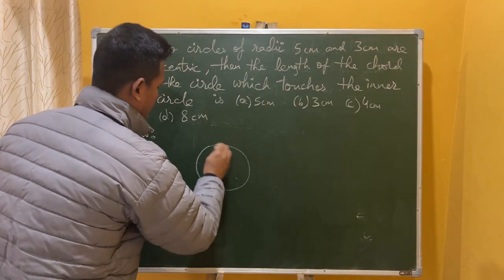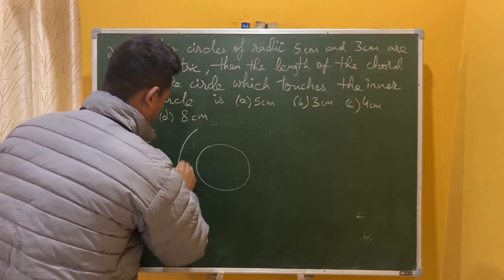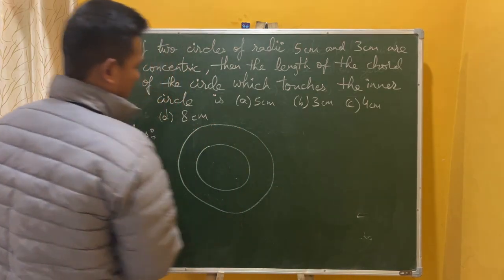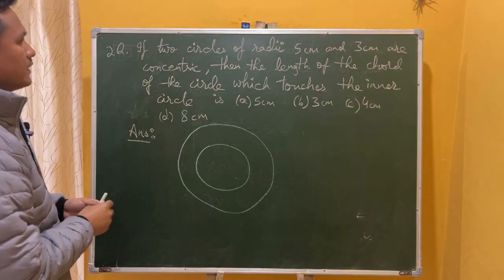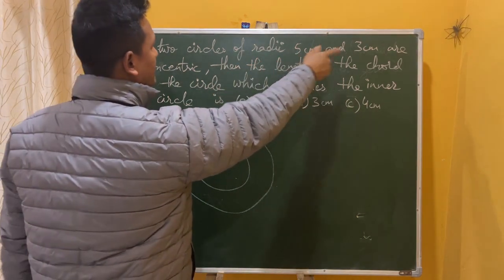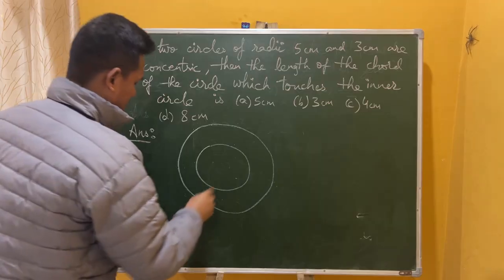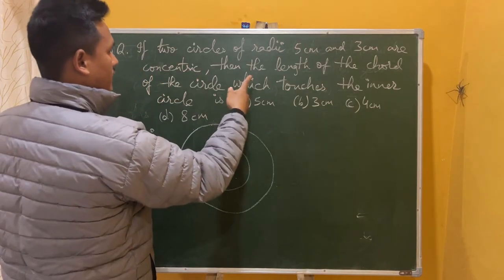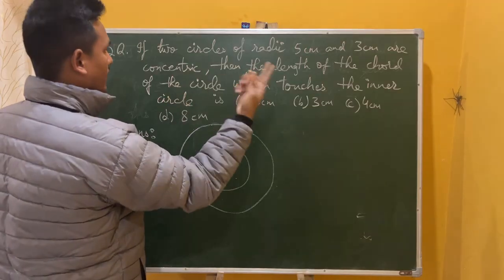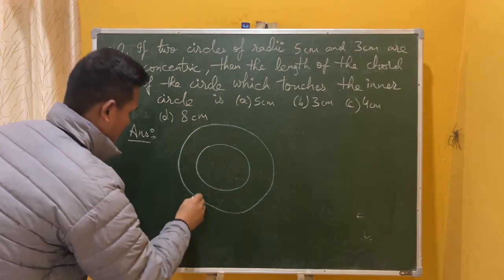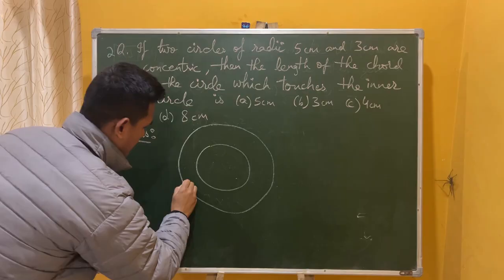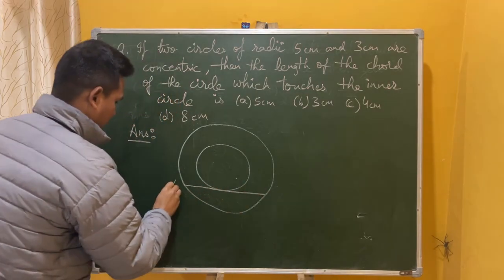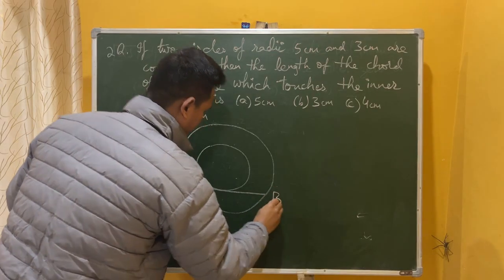So here the problem is this. We have two concentric circles of radii 5 centimeter and 3 centimeter, and the length of the chord they are talking about is AB.